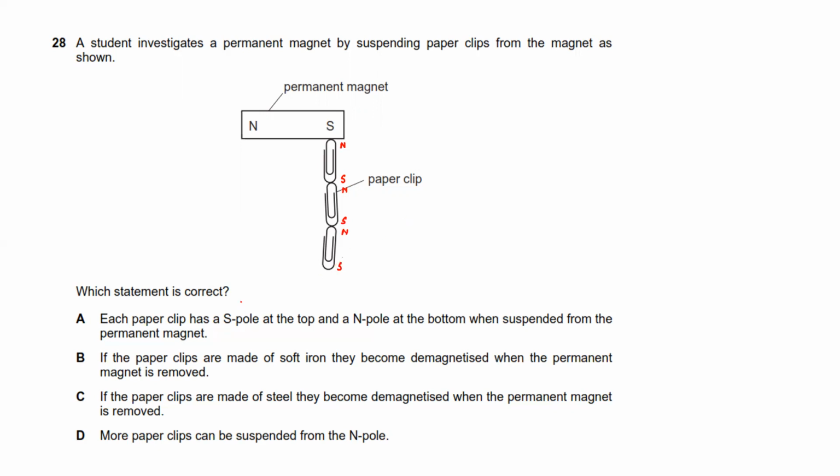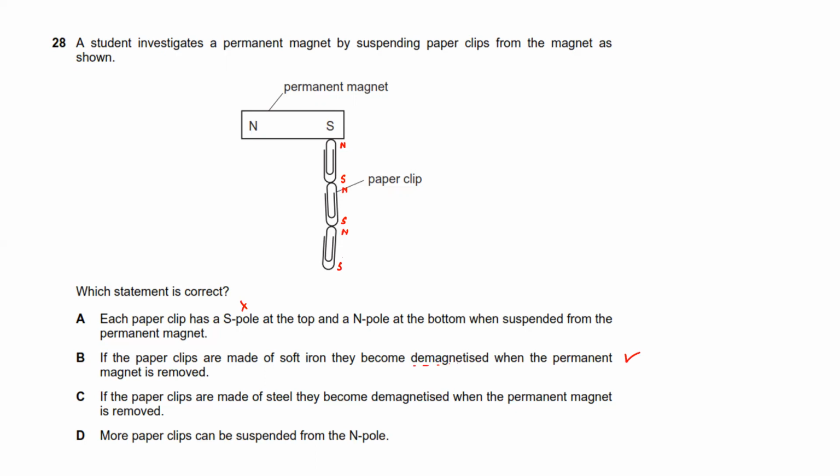So south pole, no. If paper clips are made of soft iron, they become demagnetized when the permanent magnet is removed. So if these are soft iron and I remove this permanent magnet, these paper clips will lose their magnetization. So yes, this is true for soft iron.